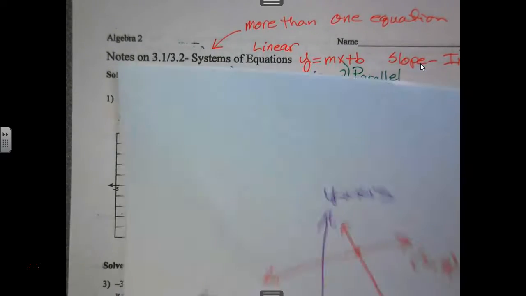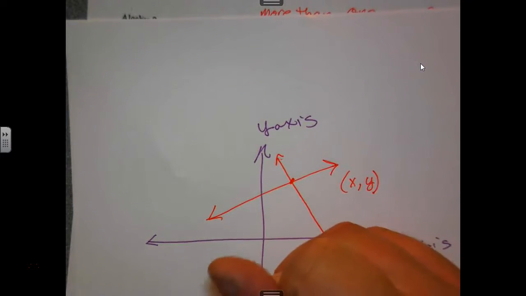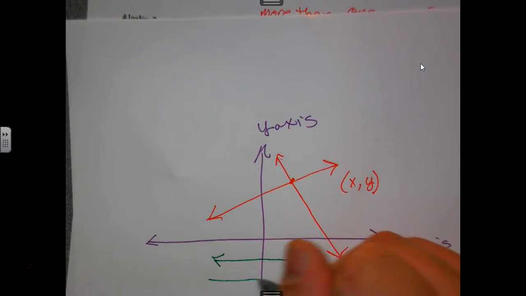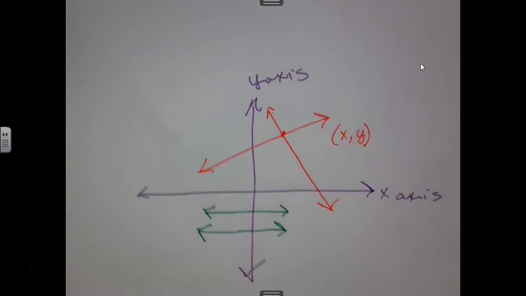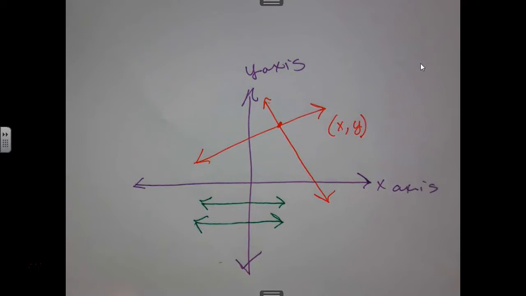If I have parallel lines, what's going to be my solution? What point is going to work in both lines at the same time?